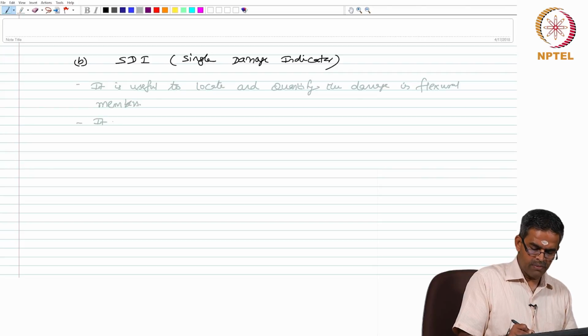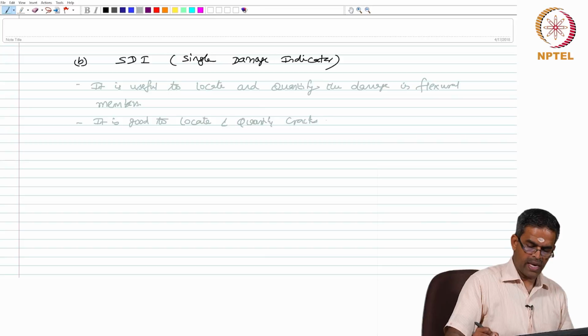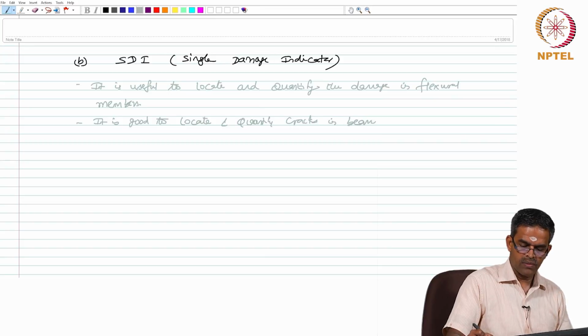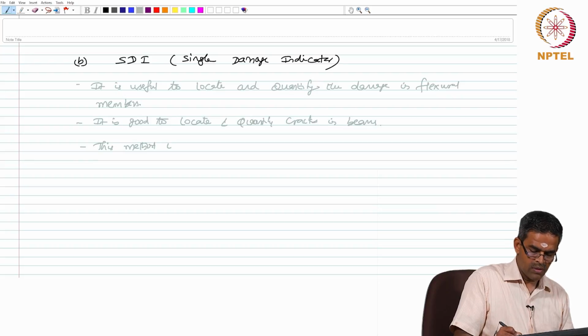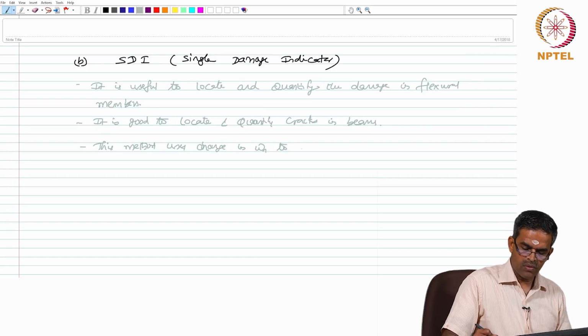Essentially, this method is good to locate and quantify cracks in beams, to be very specific. This method uses change in natural frequency to detect the damage.